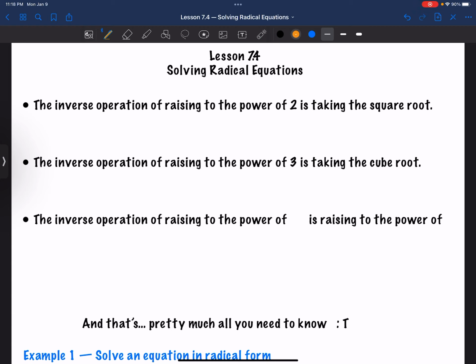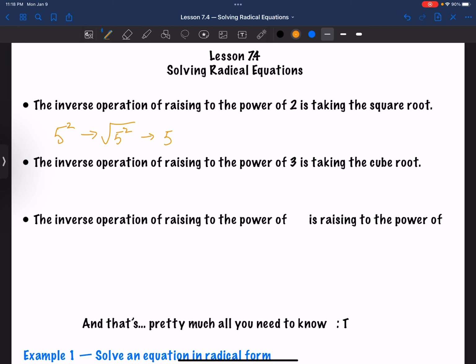If I have 5 squared, then if I take the square root of 5 squared, this becomes 5, because the square root of 25 is 5. And so if you apply the square root to it, it goes away, essentially.